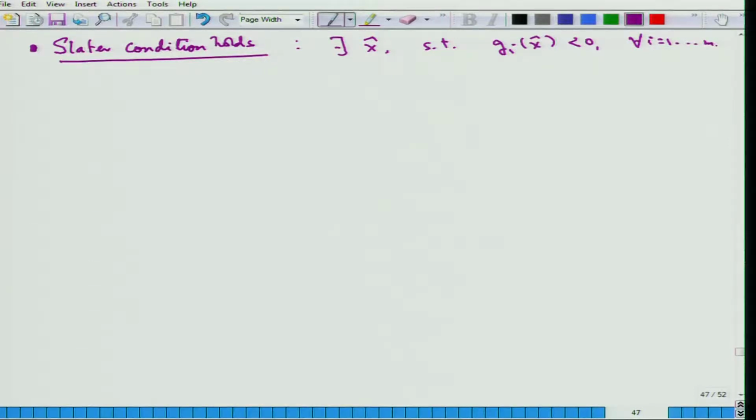Once you know this, we will show that lambda naught is not equal to 0.